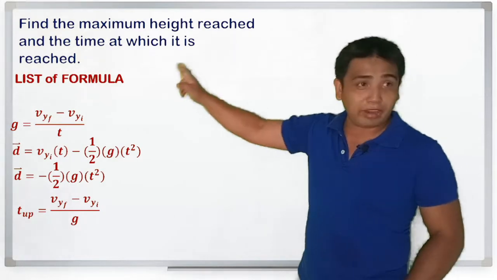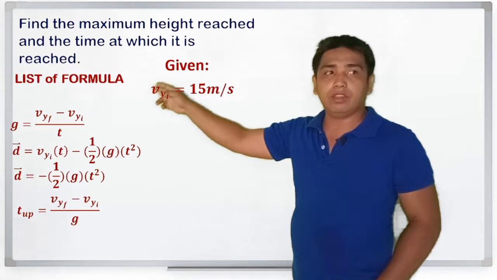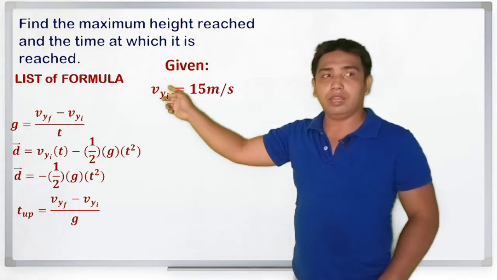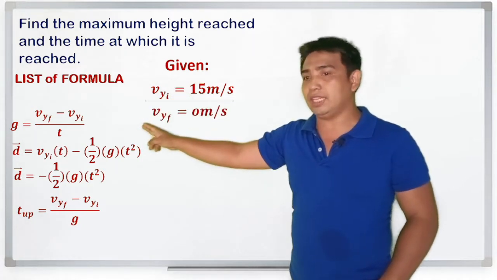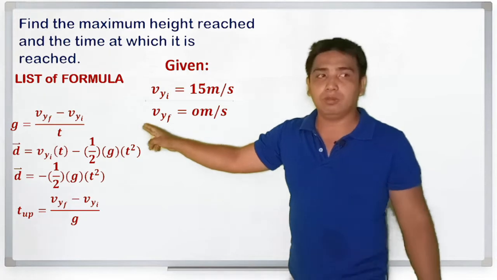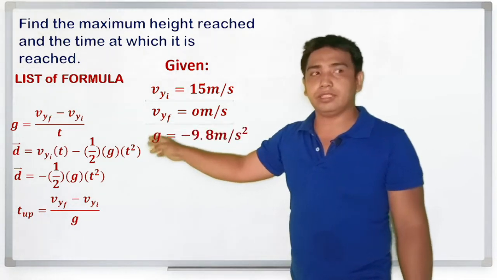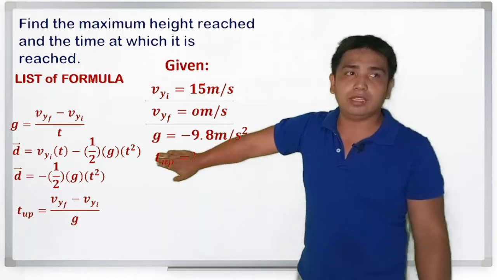We are given v_yi, the initial velocity of the ball when it leaves our hand, which is 15 meters per second, and the final velocity of the ball at its maximum height, which will be 0 meters per second. The acceleration due to gravity is negative 9.8 meters per second squared, and we are going to solve for this. So we substitute.